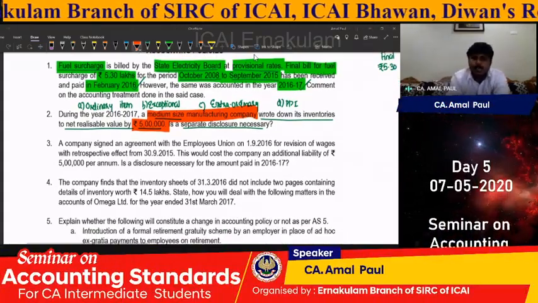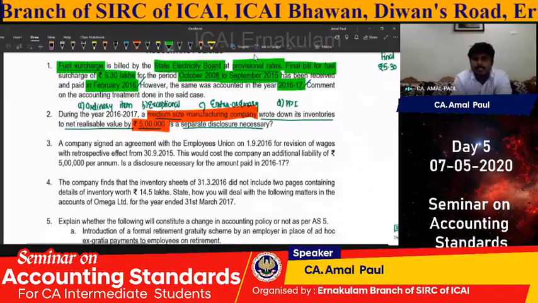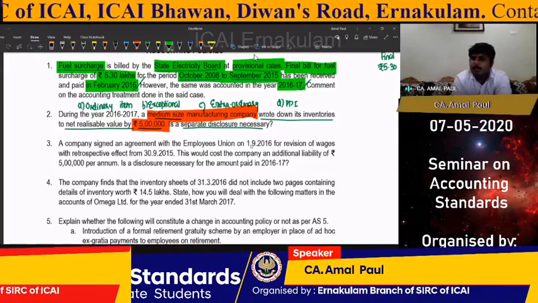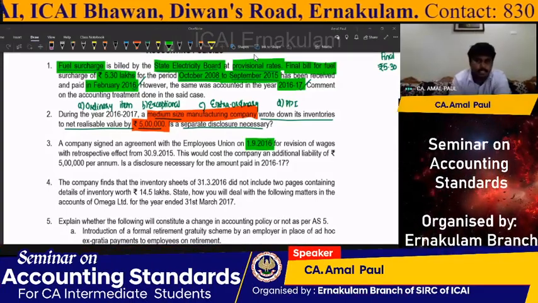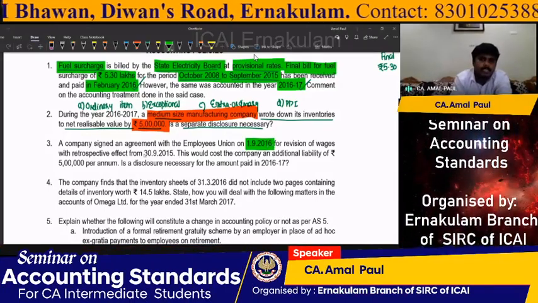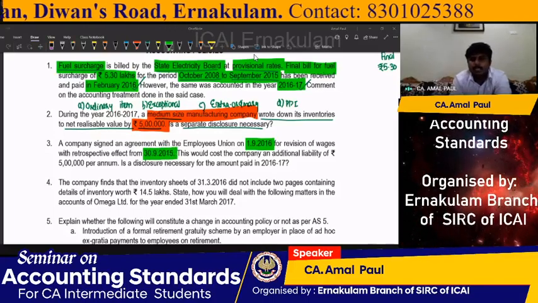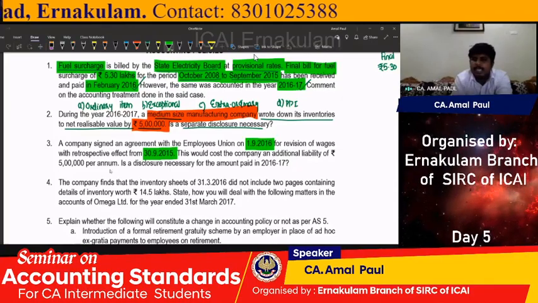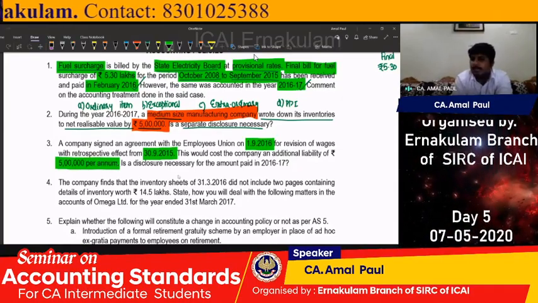Okay, next one we'll take this question also. The company signed an agreement with the employee union on 1/9/2016 for revision of wages retrospectively from 30/9/2015. The company would incur an additional liability of 5 lakhs per annum.